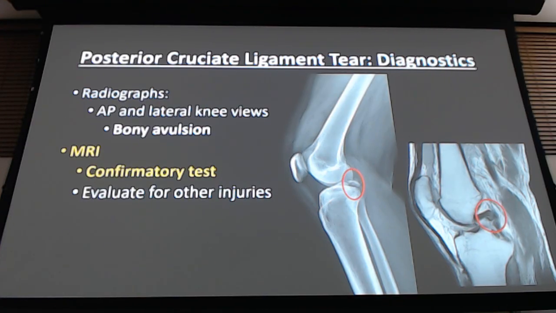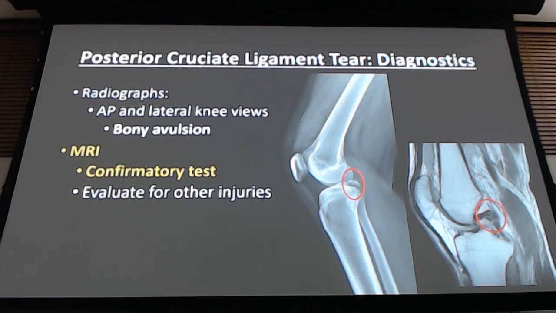But if you see a bony avulsion, that means that not only was the ligament disrupted, but the force was strong enough or the injury pattern caused an avulsion of bone as well. It pulled bone away. Is that a different surgery potentially? Yes.